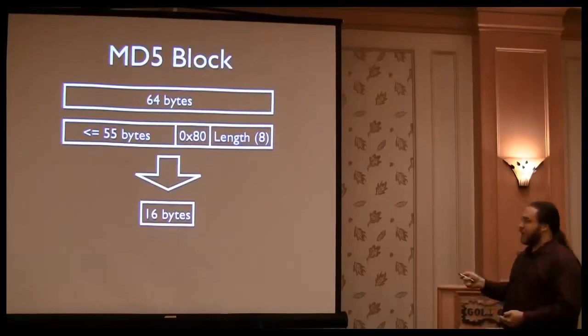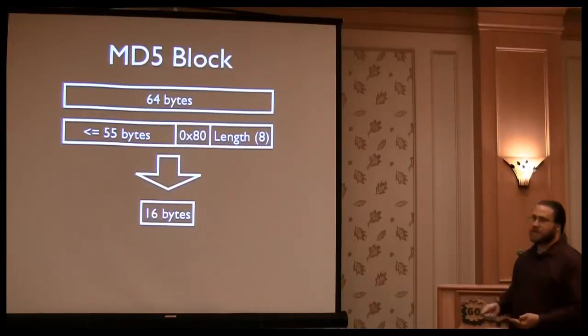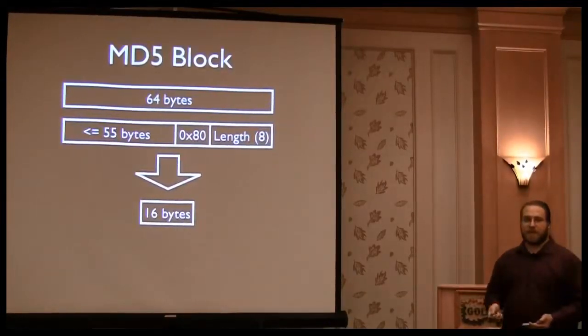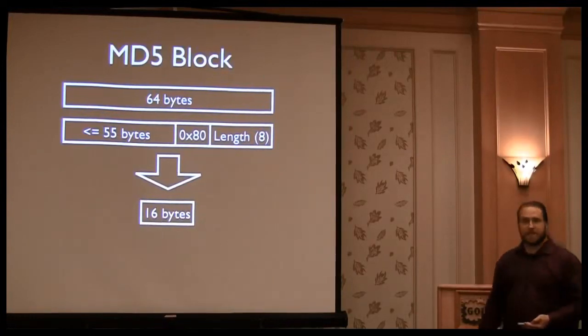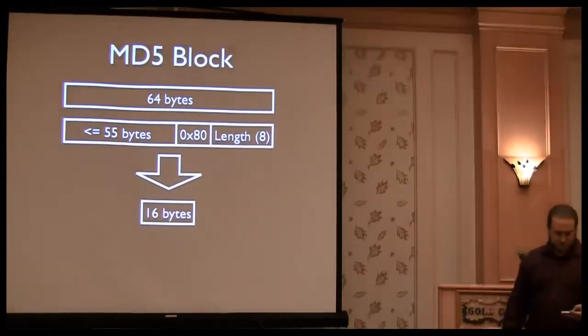They add some padding to the end of it, usually encode the length in there, and then they process it out. If any of you have ever wondered why there's a 55-character limit in most password cracking tools, this is why. That's as many bytes as you can put in a single block of an MD5 or SHA-1 operation.